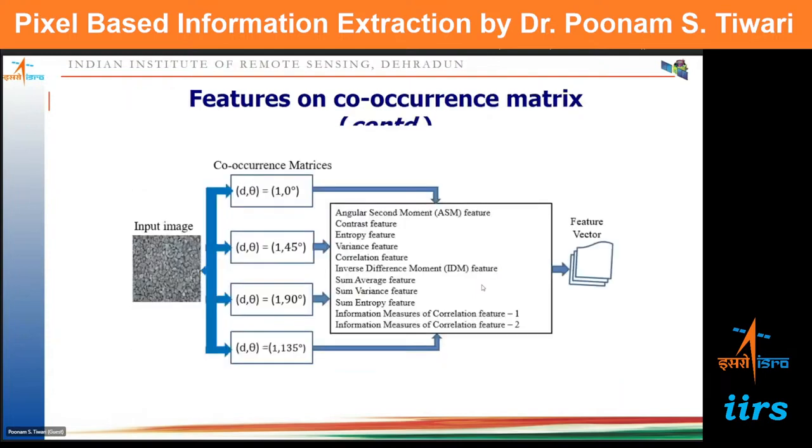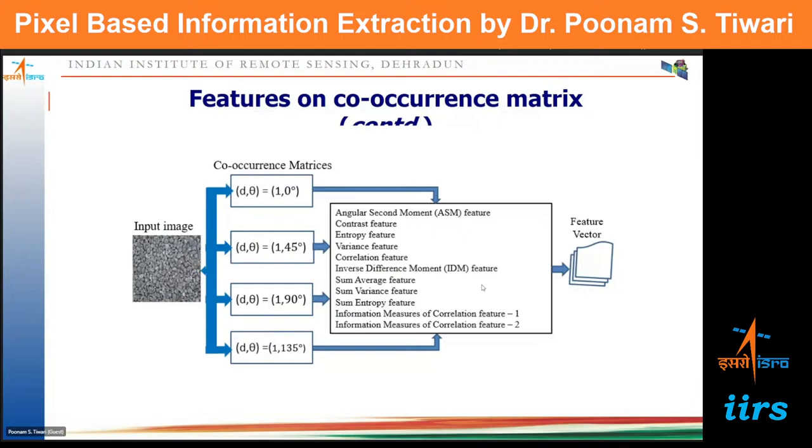in the image. You can see the input image is there, and these 11 features can be calculated at 0 degree, 45 degree, 90 degree, 135, and so on up to 315, as I have shown you. So you can see how many information values can be derived from one single input image.